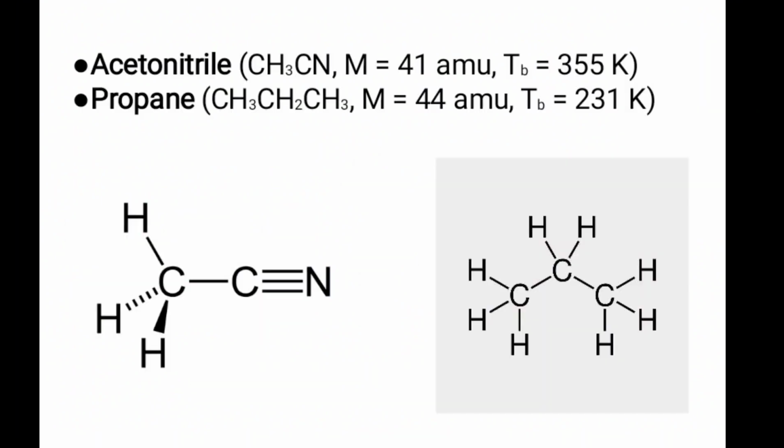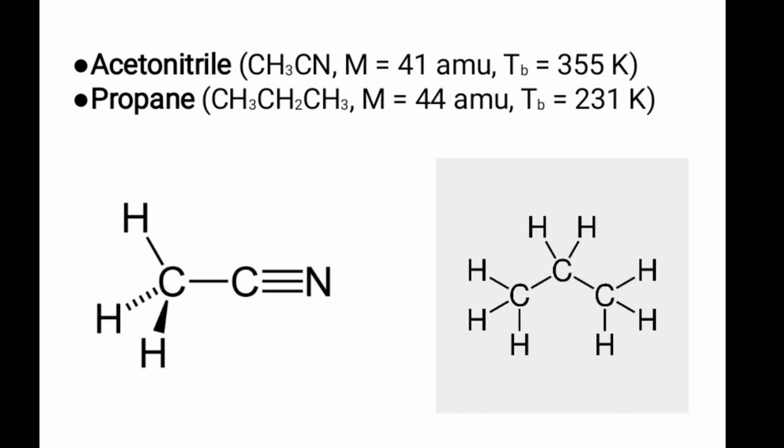Now, to understand this kind of interaction better, let's take two examples, acetonitrile and propane. We see that the molar mass of acetonitrile is 41 and boiling point is 355 kelvins, while propane's molar mass is 44 gram per mole and boiling point is 231 kelvins.